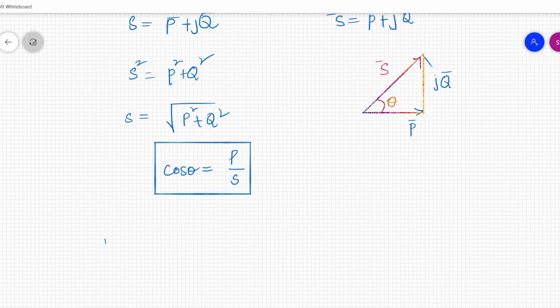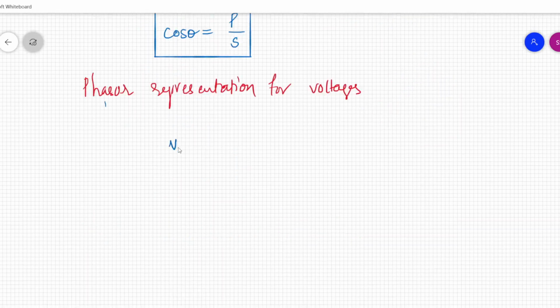Now let us draw the phasor representation for our voltages. We have three types of voltage here: source voltage, resistor voltage, plus inductor voltage. V bar equals VR bar plus VL bar.